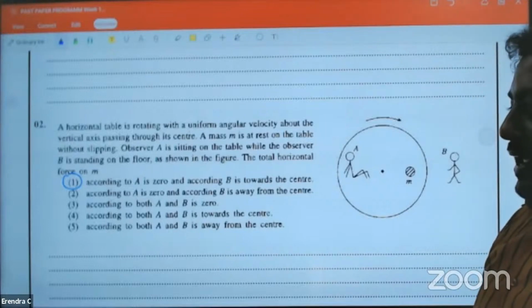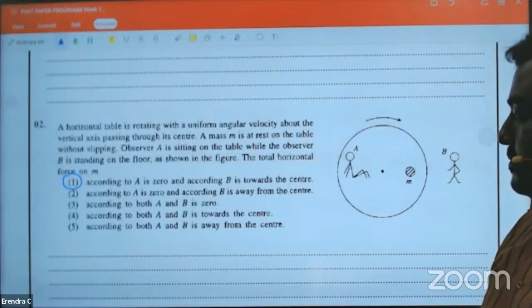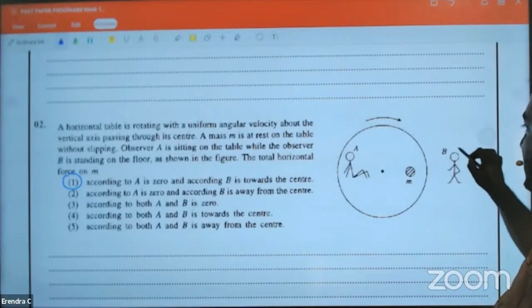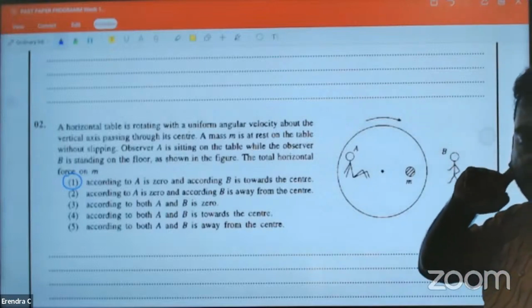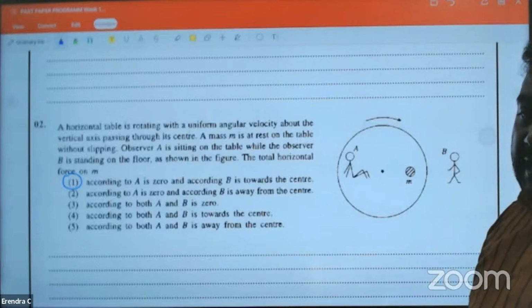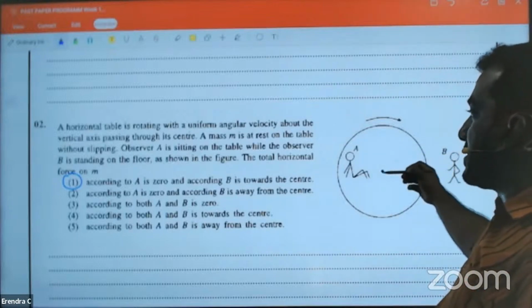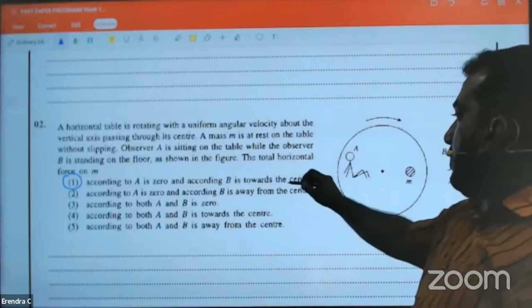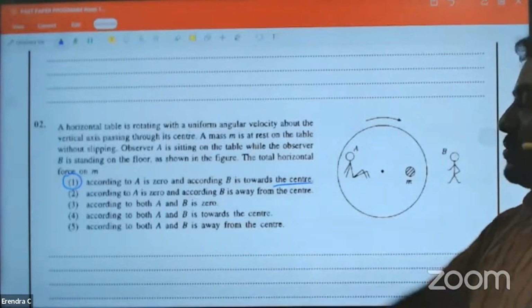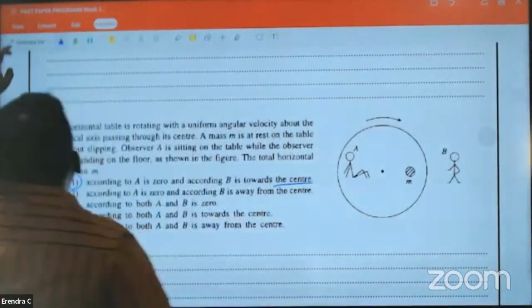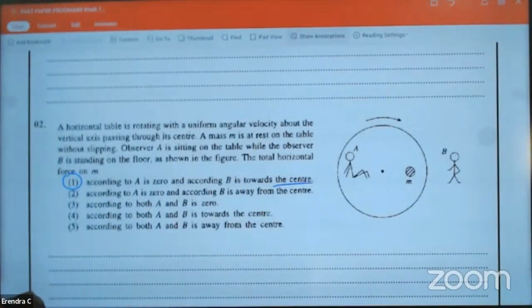But a person standing outside will observe a centripetal force to the center.